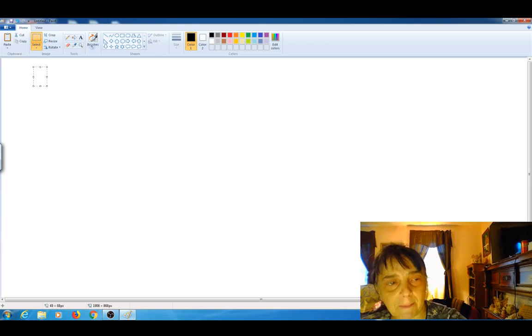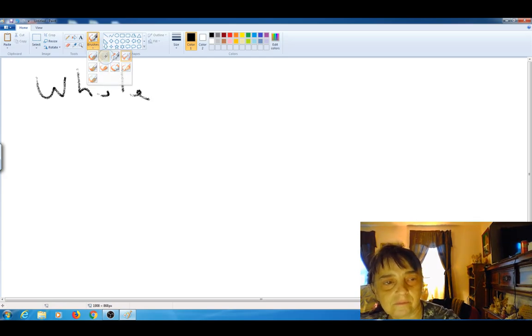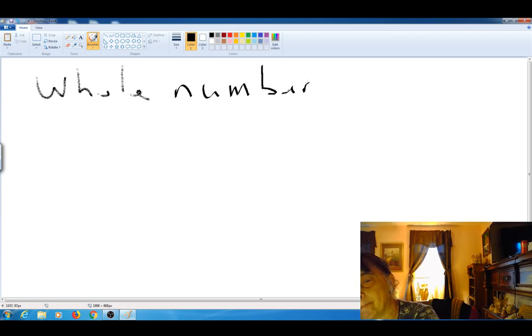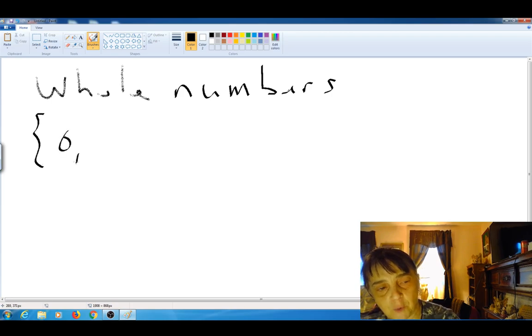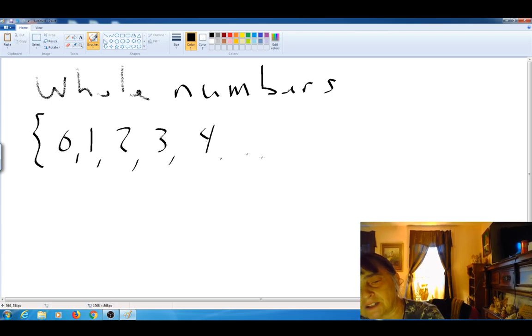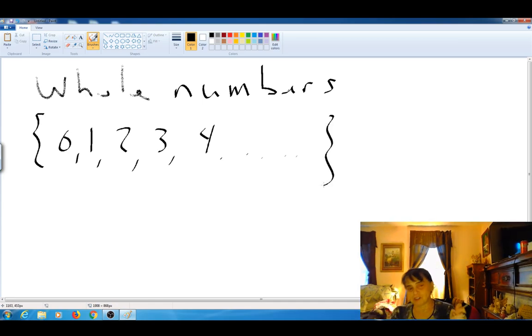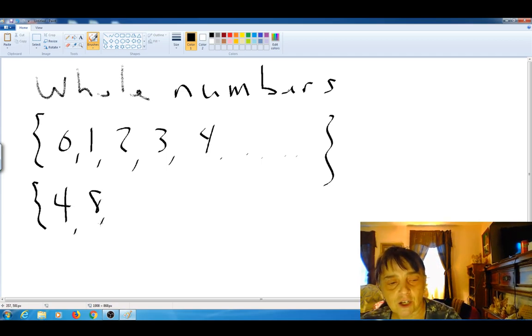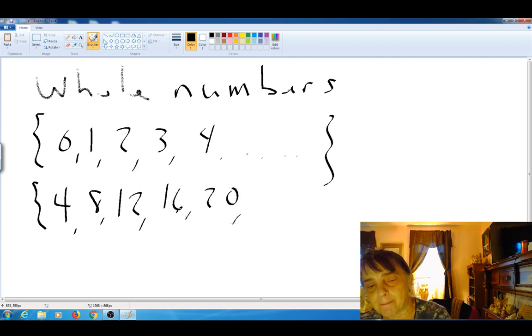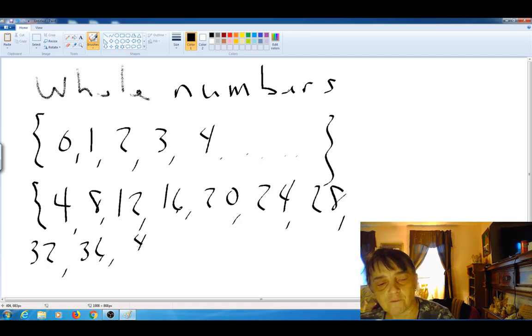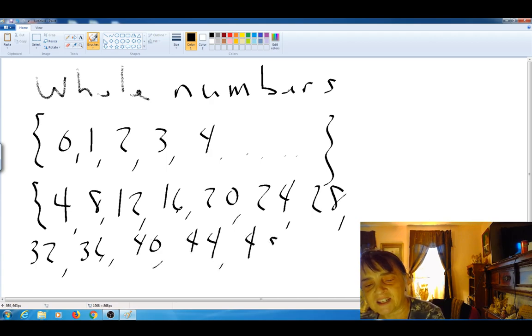Now your whole numbers are 0, 1, 2, 3, 4, ... There's no decimals, no fractions, no negative numbers, just 0, 1, 2, 3, 4, ... The set of whole numbers which are multiples of 4 greater than 0 and less than 50 will be 4, 8, 12, 16, 20, 24, 28, 32, 36, 40, 44, 48.